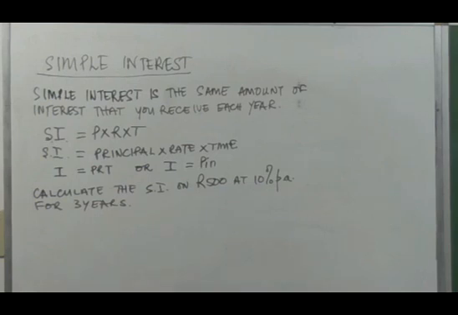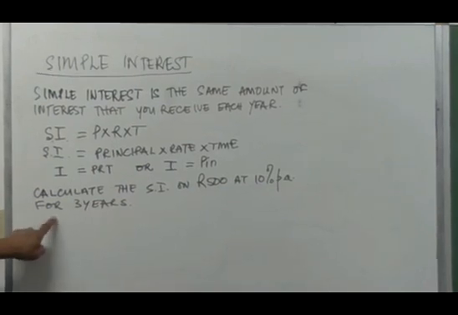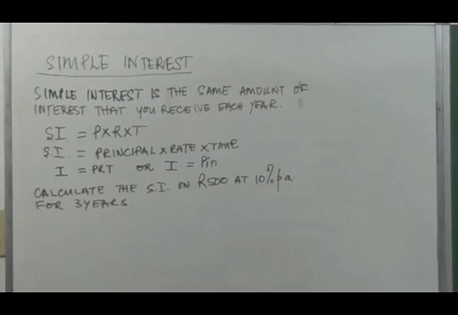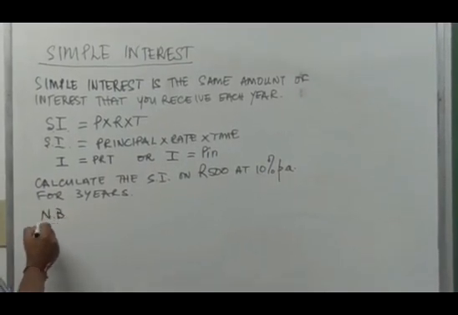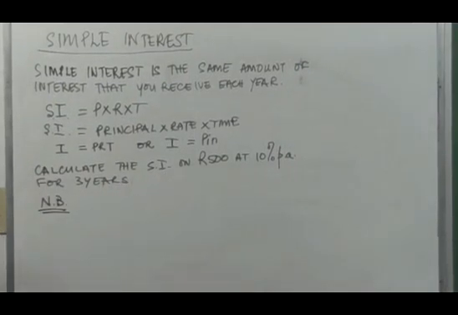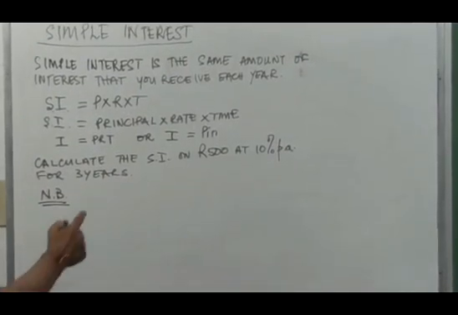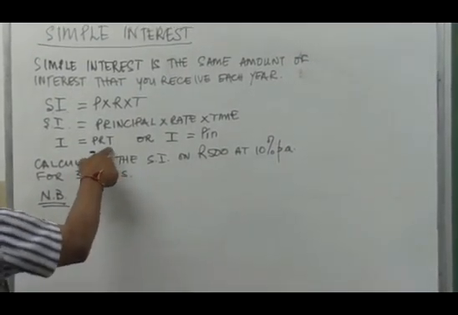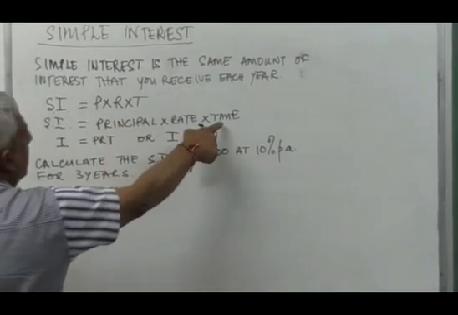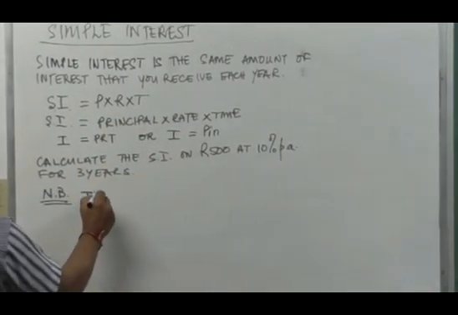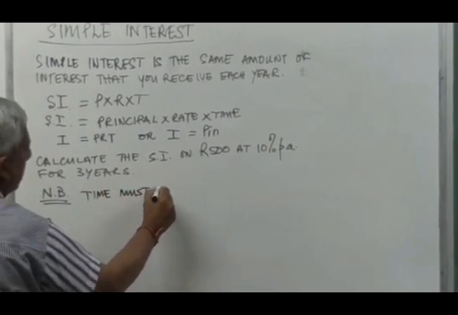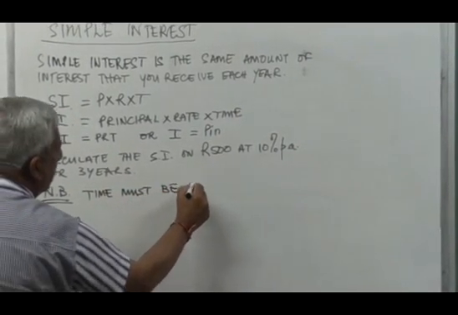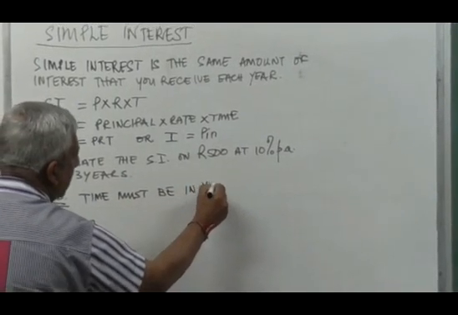Now, before I start this example, I'm going to give you the most important point about simple interest. So note well. This formula uses time, T for time, and time must be in years.